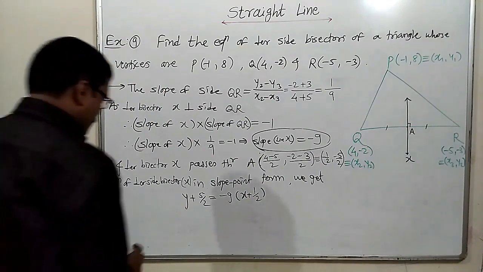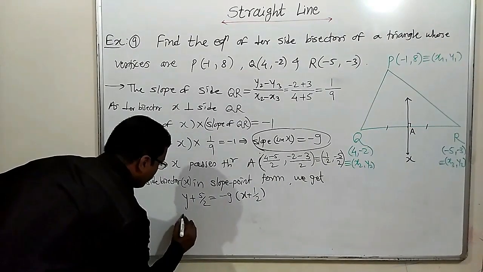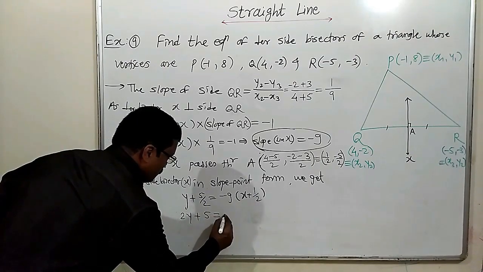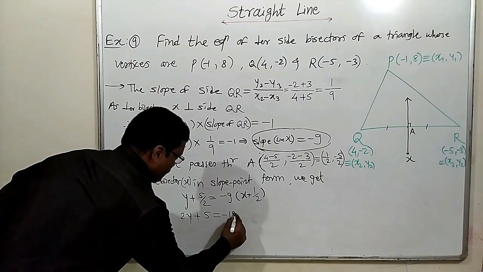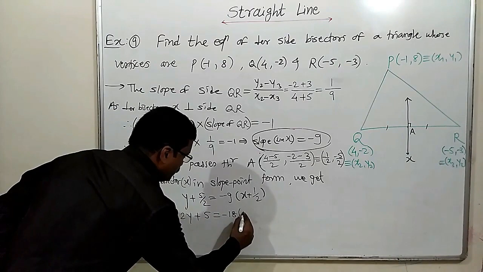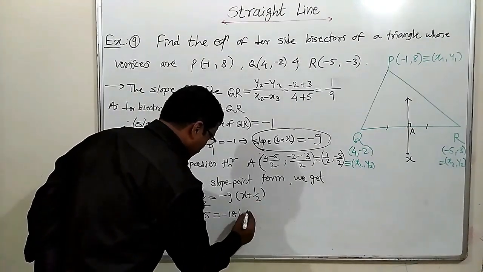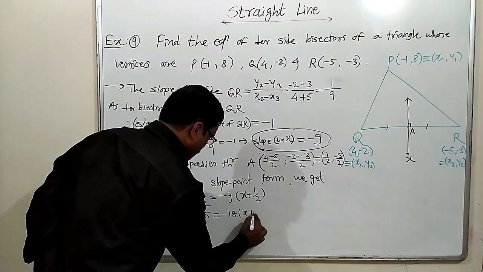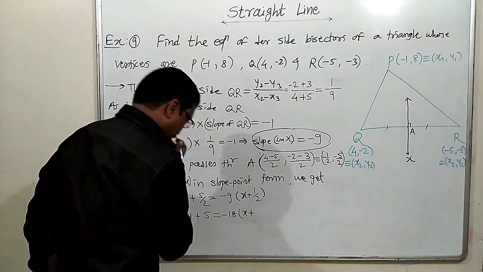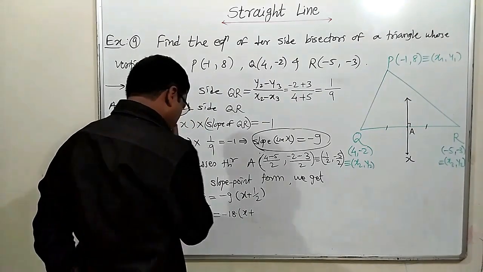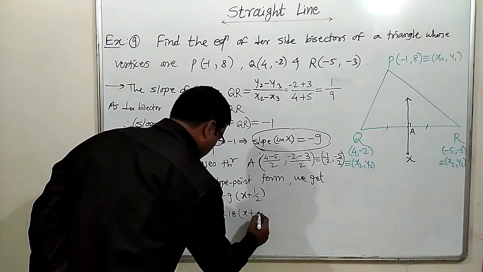Let's simplify this. First multiply each by 2, we get 2y plus 5 is equal to -9 into (2x plus 1).